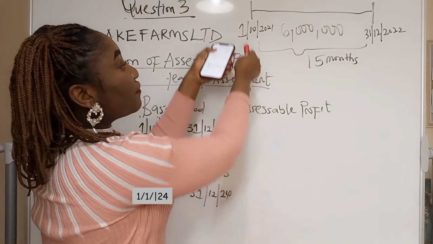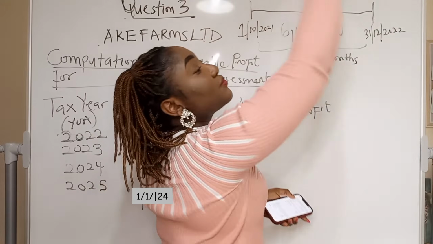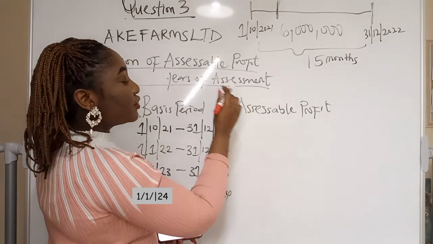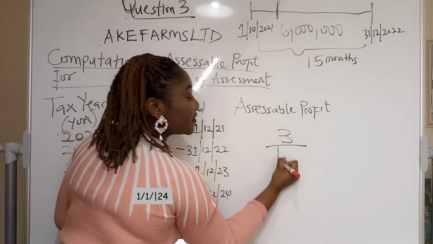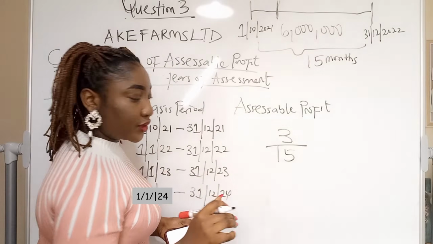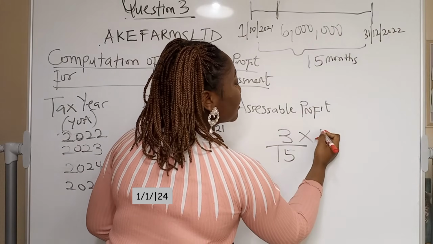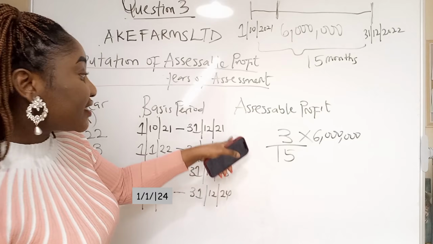They gave us a period of 1st October 2021 up to 15 months after. I'm looking for something around here. I'm not going so far. So since I'm looking for 3 months, I'll say 3 months out of 15 months: 3 over 15 times the total profit of that 15 months, 6 million. That is me prorating. So that's the assessable profit for this.